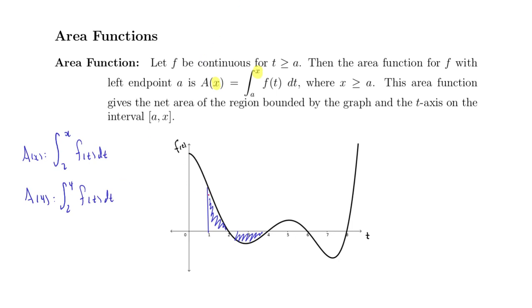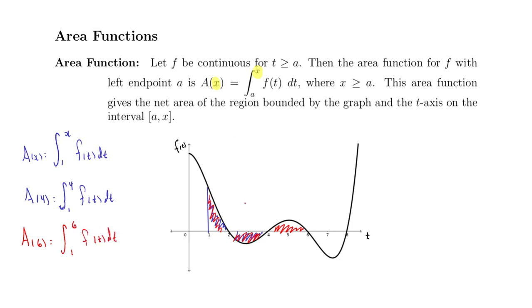And I could go ahead and shade in all the way up to 6. And suddenly this is A of 6 because it starts our area. Oh, I started it at 2. Look at that. I'm supposed to be writing 1 here. Here we go. It's our integral from 1 up to 6 of f of t dt.